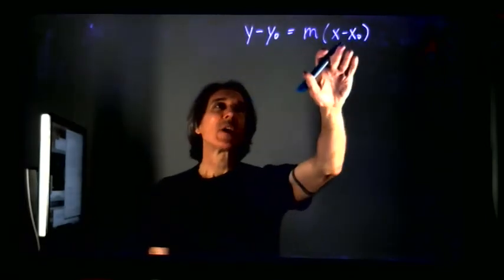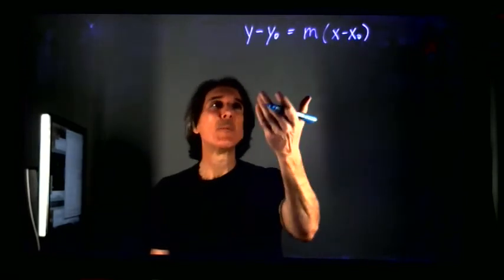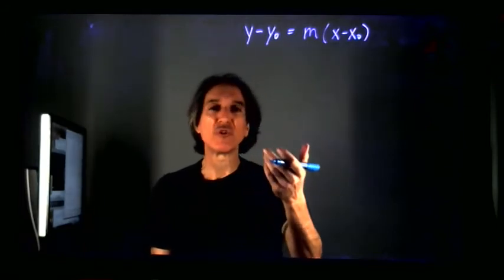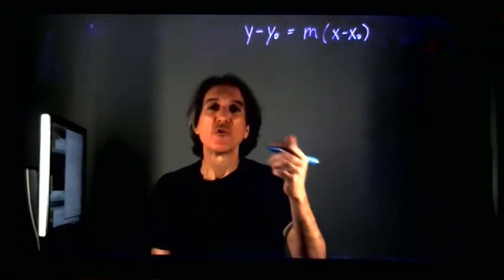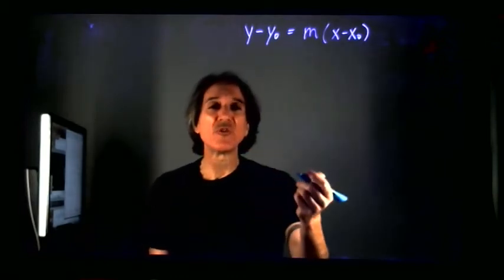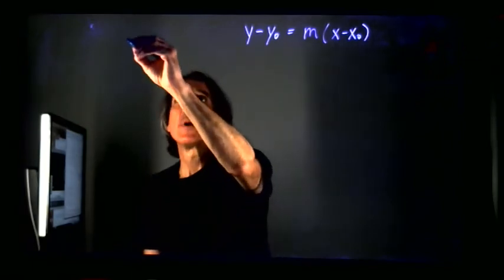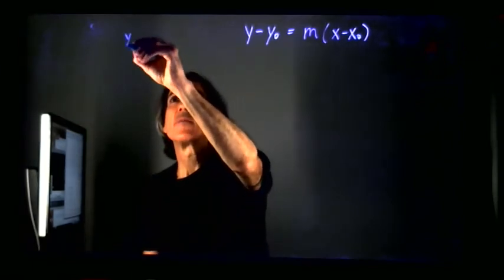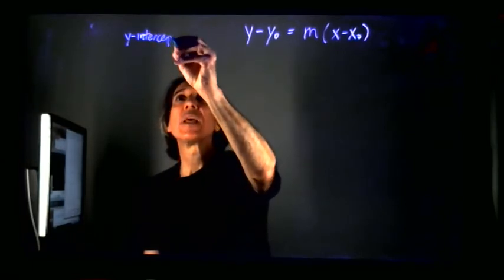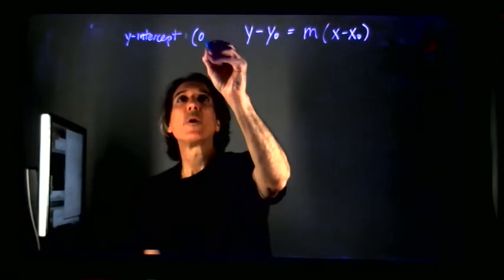Let's take a look at our point-slope form of our line equation, and we're going to manipulate this a little bit to see how this relates to the slope-intercept form of a line equation. So the slope-intercept form is based on the idea that there is a single point that we're concerned with, and it's the y-intercept. But the y-intercept is always some point 0, b.